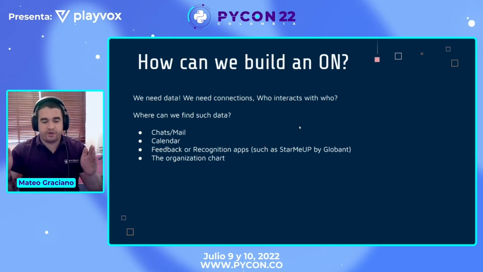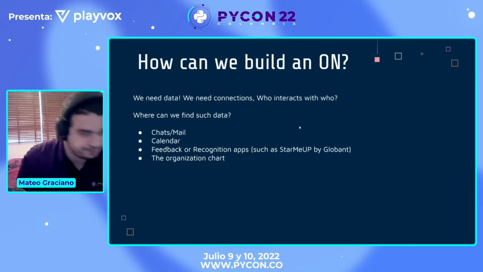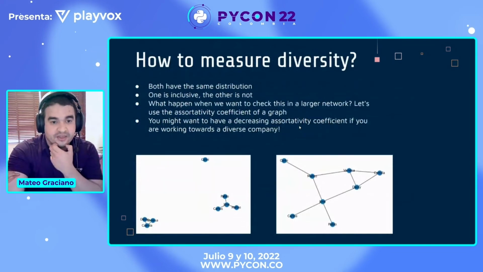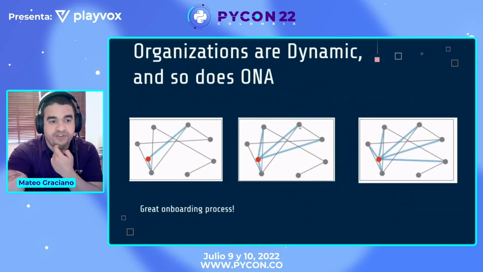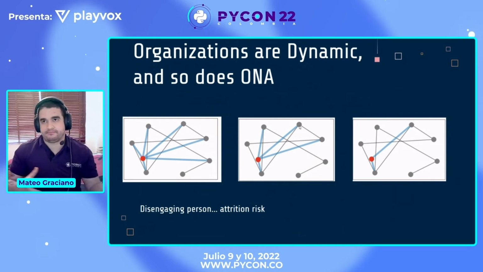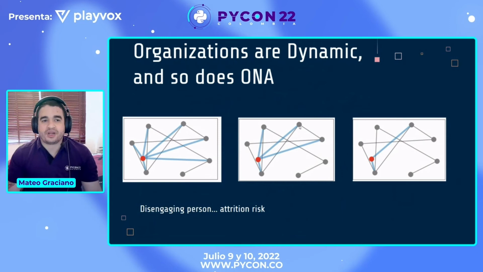After 1 month, you will use a different time frame. That means that your ONA will be so different, right? Your coefficients and all that stuff are going to be different. ONA, sorry, is dynamic as organizations.